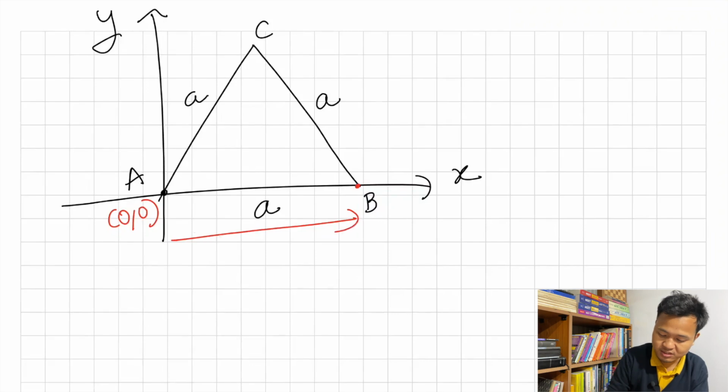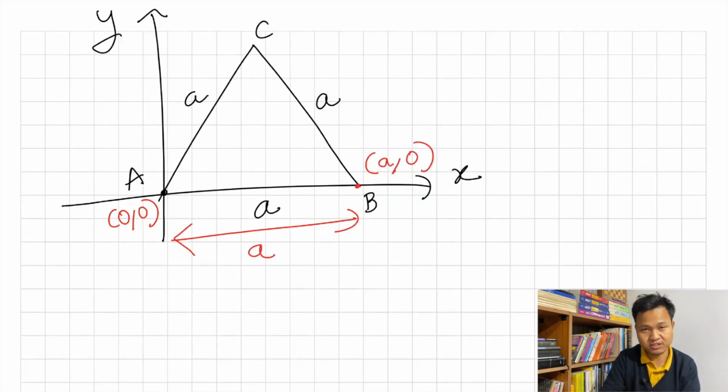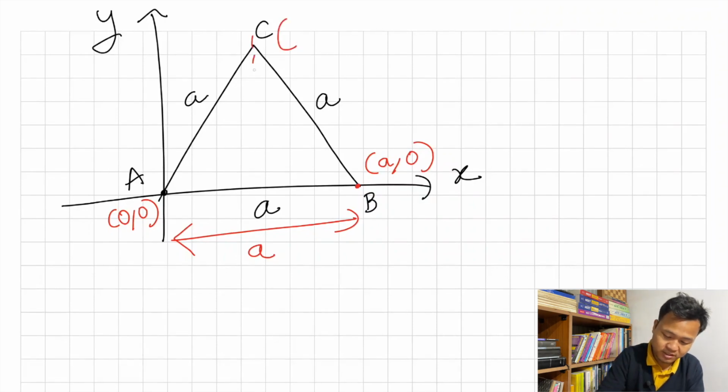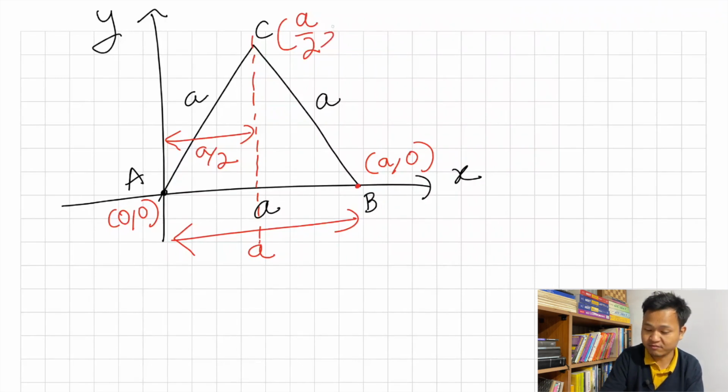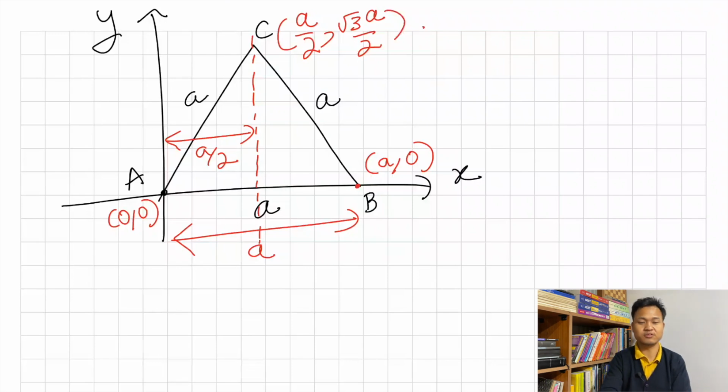This distance is A, so I will have A, 0. Y is 0 on the x-axis. And what is the coordinate of C? Here this is A by 2. And you know the height of the equilateral triangle is root 3 into A by 2. So remember, the coordinate of C is A by 2, root 3 A by 2.